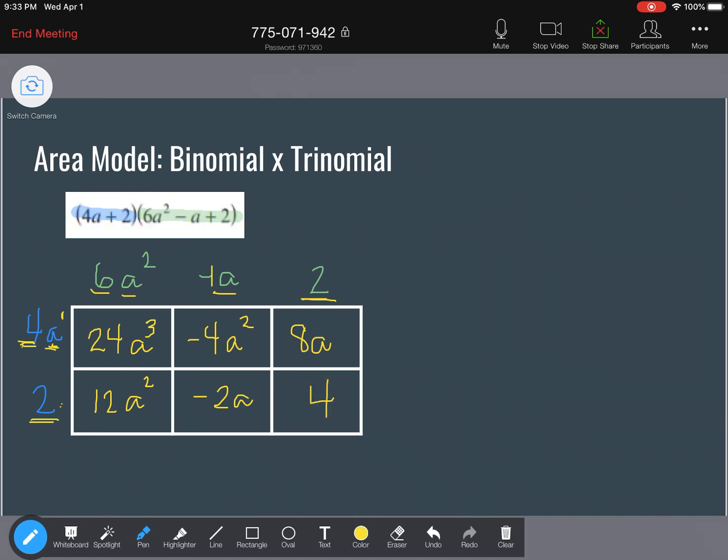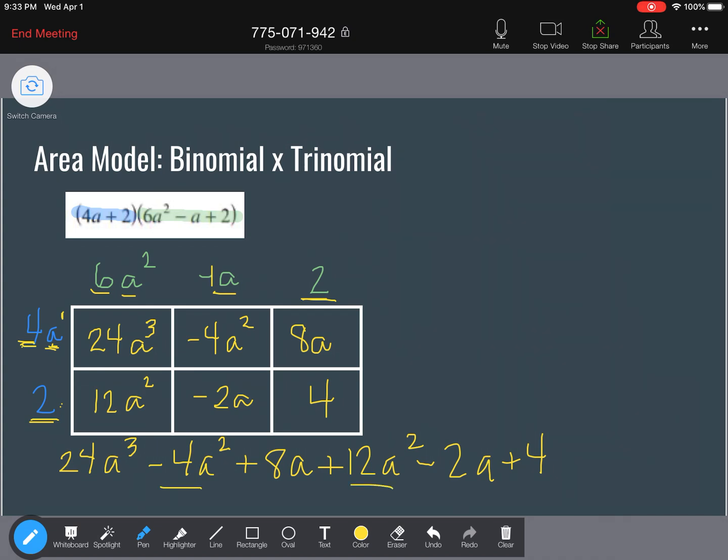We could go through and say 24a cubed minus 4a squared plus 8a plus 12a squared minus 2a plus 4. And then combine like terms from there, where we have our squared terms there, our a terms there, and combine them that way.